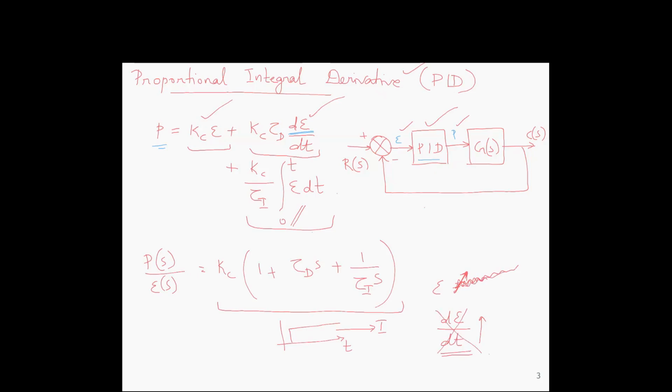The selection among different controllers depends on the particular application. If an offset is tolerable, if it is okay to have some offset, say you are giving a step input and the controller takes some action and it is okay that you settle at some different value with a small offset.